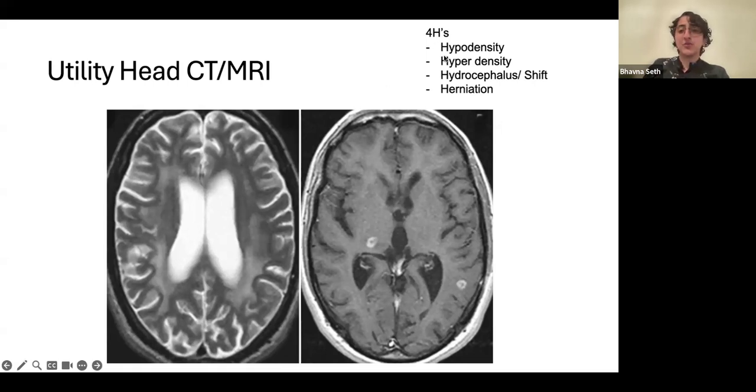And this was a helpful framework I found of the 4 H's. Oftentimes it's hard to interpret head CTs and imaging, so look for any type of hypo or hyperdensity, and especially in our patients with meningitis, with a high risk of increased intracranial pressure, looking for hydrocephalus or any midline shift or signs of raised intracranial pressure or herniation are important.